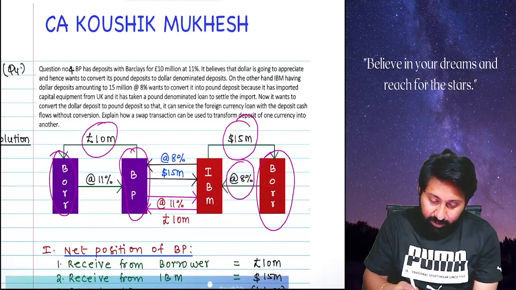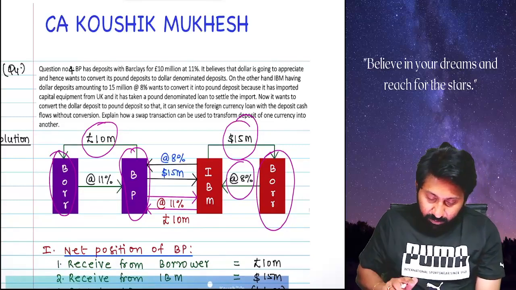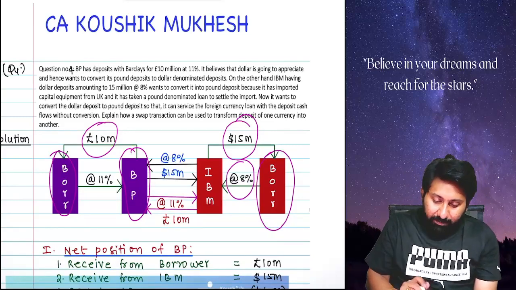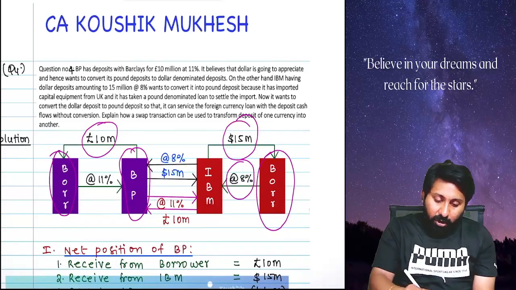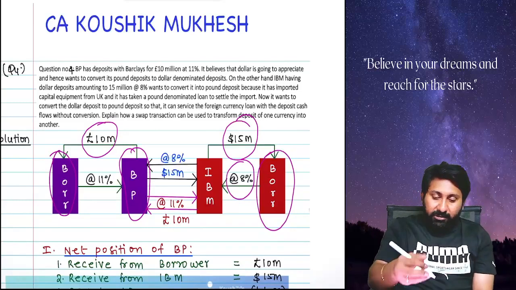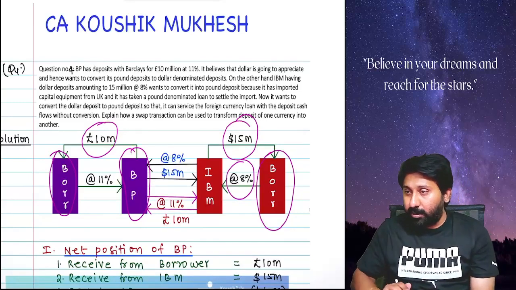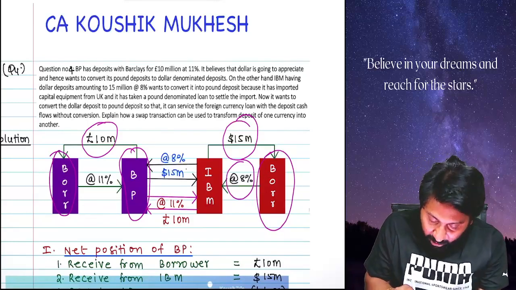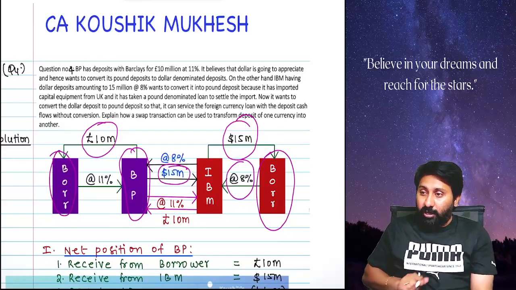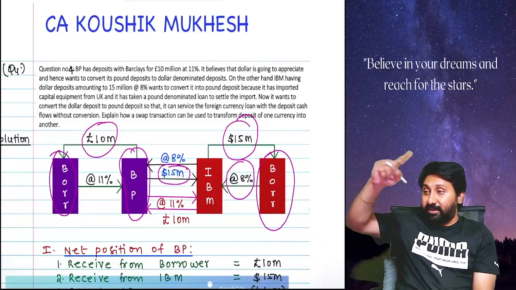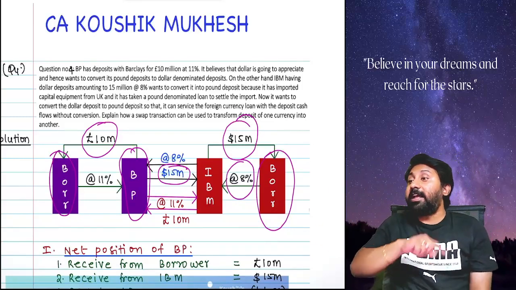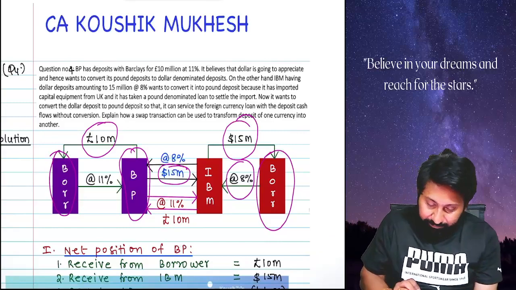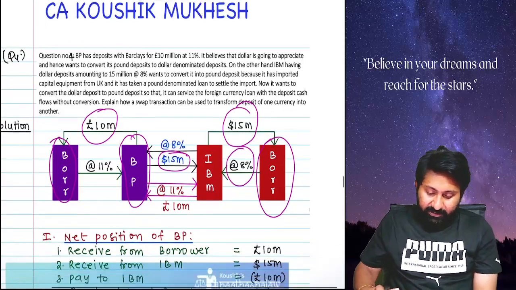Bharat Petroleum made a deposit in pounds. Now it will make a deposit in dollars. How? It will take the position of IBM and it will exchange its position to IBM. Okay, this is what the transaction happened.